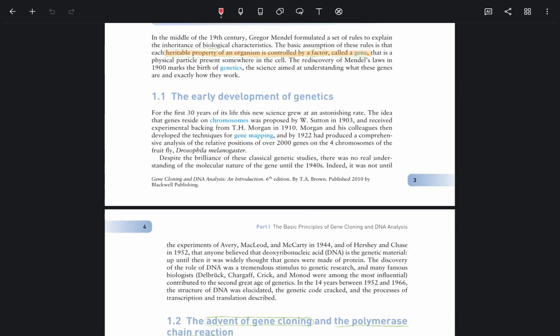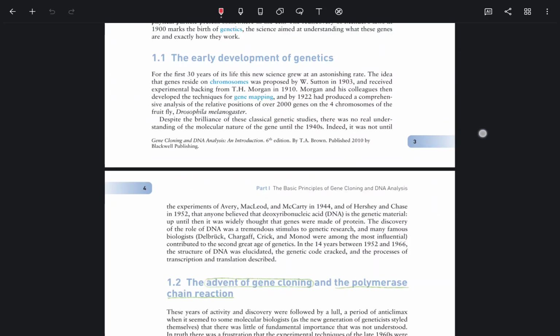The early development of genetics. For the first 30 years of its life, this new science grew at an astonishing rate. The idea that genes reside in chromosomes was proposed by W. Sutton in 1903 and received experimental backing from T. H. Morgan in 1910.